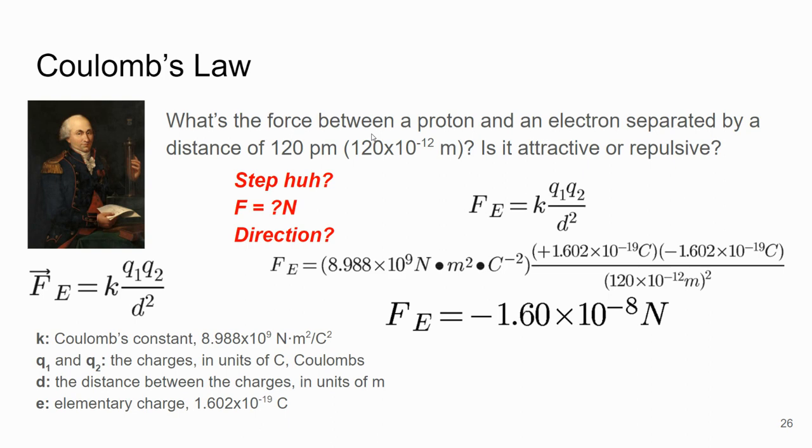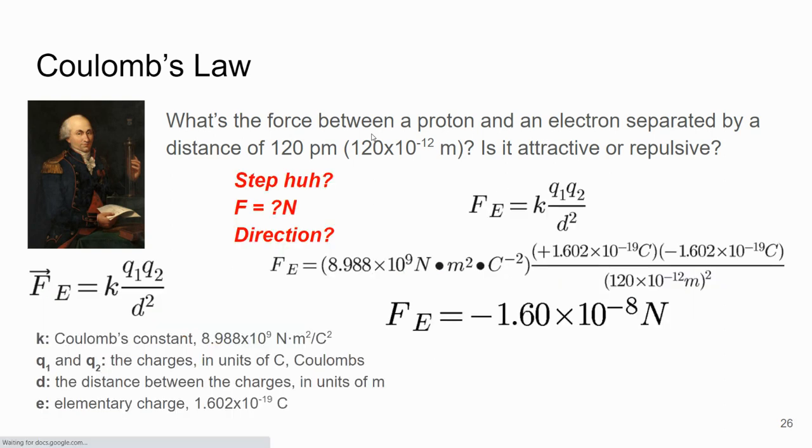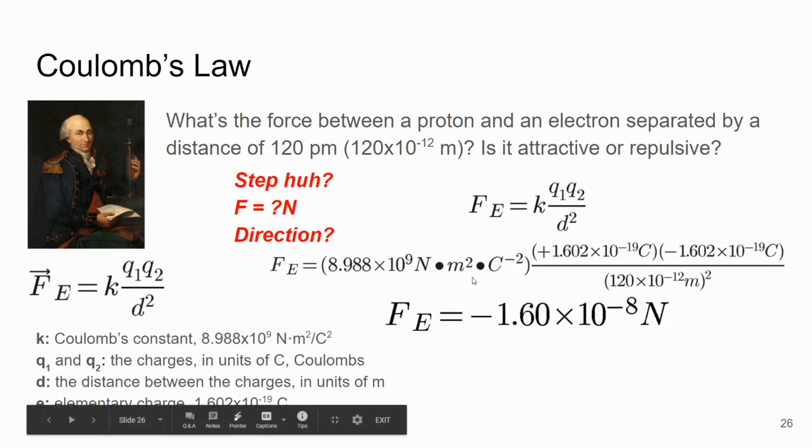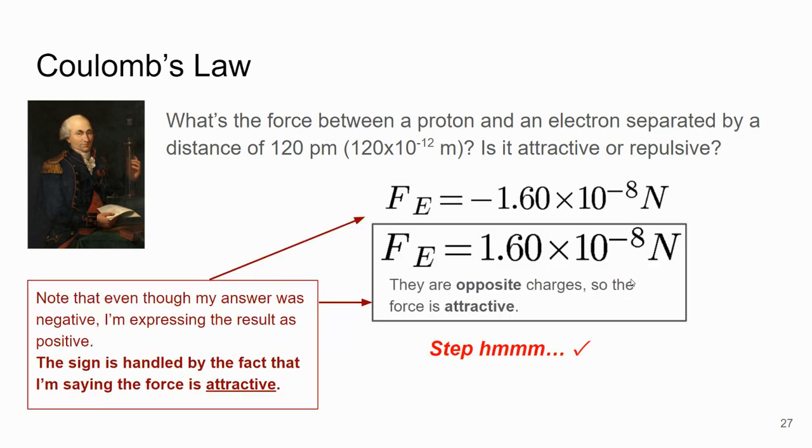Now, a note about that. My answer, I ended up with a negative number. The calculator gave me a negative number because at this point, I multiplied a positive times a negative, and then divided by a positive squared. So you ended up with a negative number. This is an accounting thing that you're going to have to deal with all throughout this and subsequent chapters, because electric charge can be positive or negative. Sometimes you'll get a positive number.